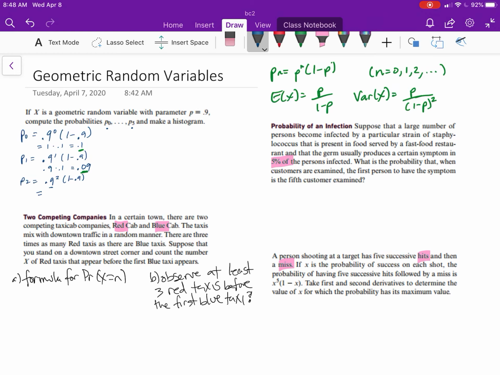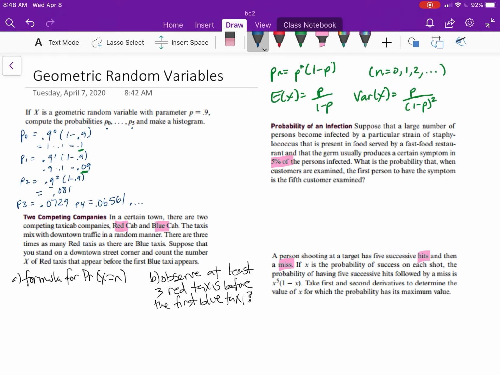So here we get 0.081, p3. Multiply that by 0.9. We get 0.0729, p4. We get 0.06561, and so forth. Okay.